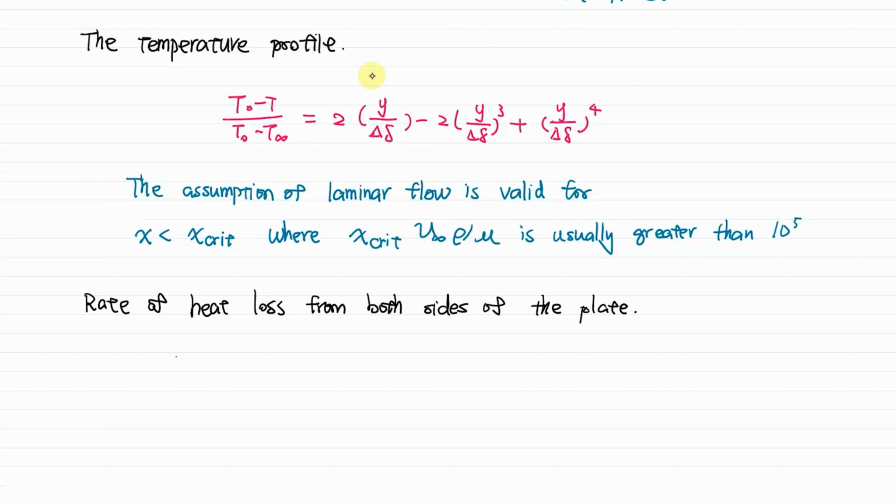We have Q, which is the heat transfer, equals 2, so two sides, times the integral from 0 to W, so these are the lateral dimensions of the plate, times Q of y at y equals 0, dx dz.